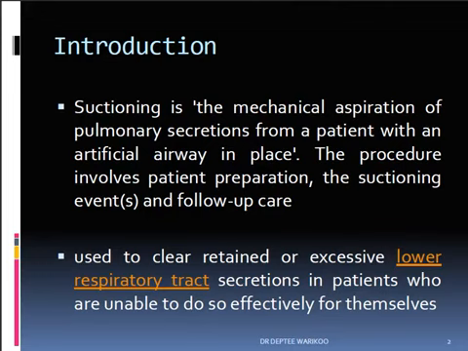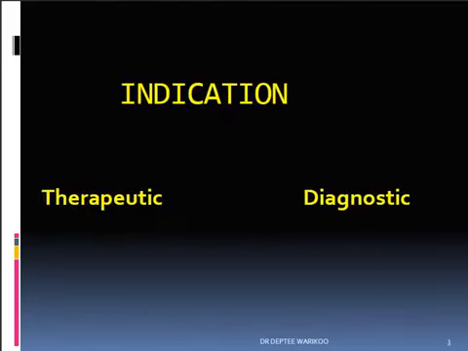However, in some situations where repeated suction is needed, we could use other nasopharyngeal airways. Secretions are removed by the application of subatmospheric pressure via wall mounted suction apparatus, which we will be seeing in the practical sessions.